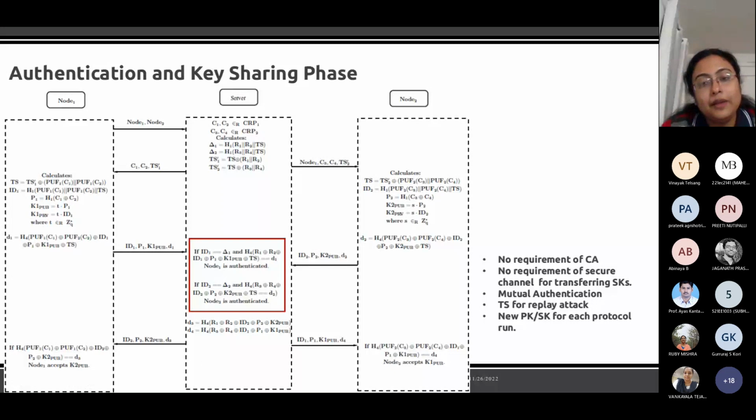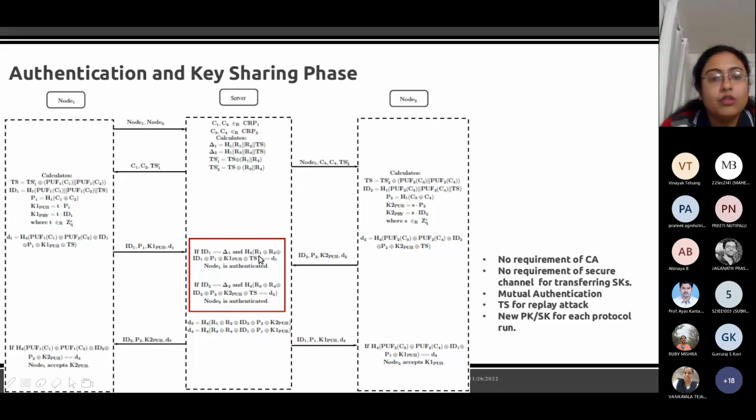Okay. Similarly, node 1 and node 2 parts are absolutely symmetrical. So they will also create this ID2, P2, K2 private and K2 public, and then send this public key, the P2 and the ID2, to the server by adding a message digest using hash with the response of the challenge 3 and challenge 4 and the timestamp.